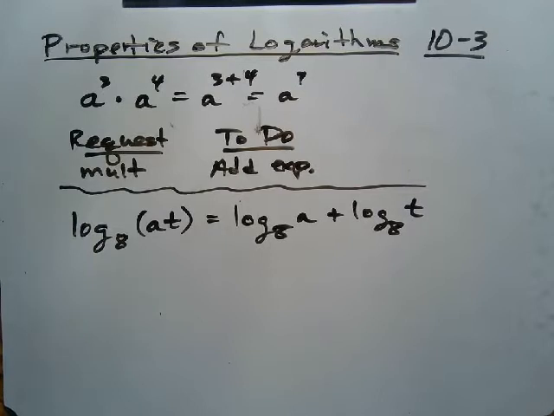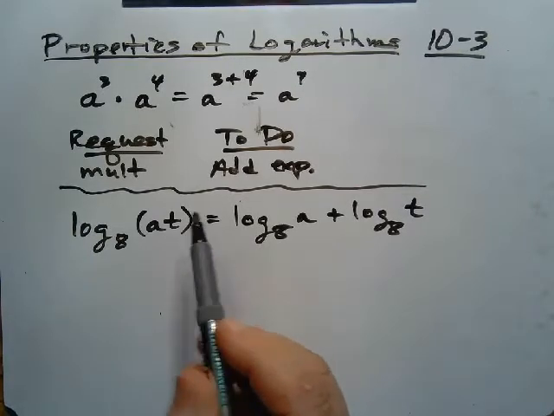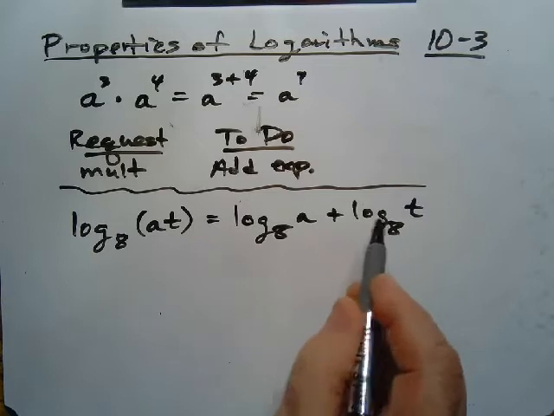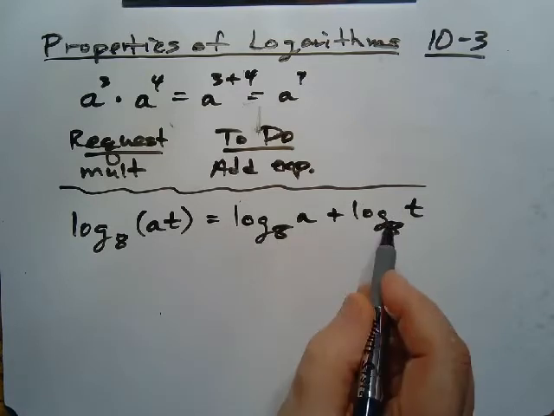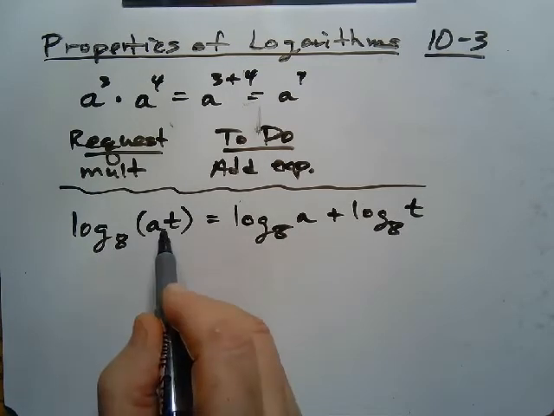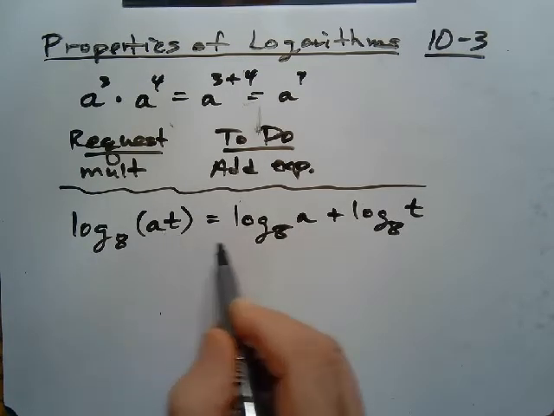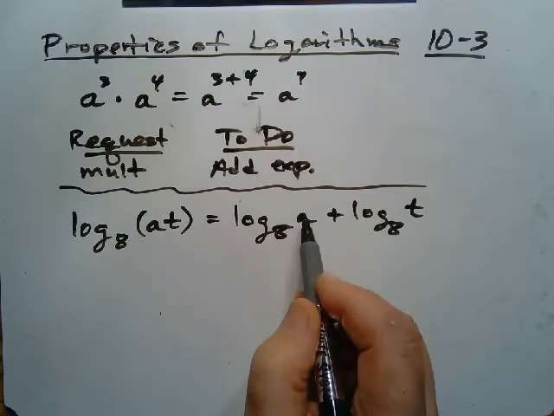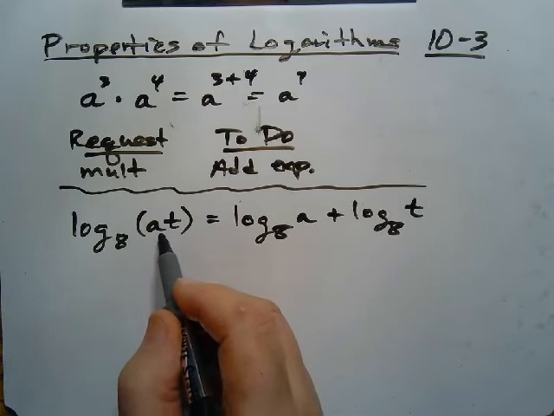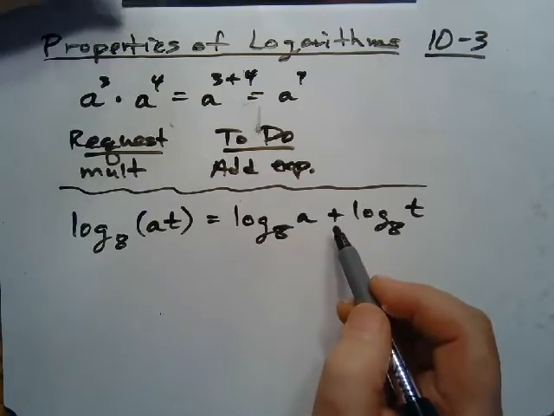This looks a little weird, but if the request was to multiply, notice a times t here, we find ourselves adding the logs together. Now remember, logs are exponents. You're adding exponents here. The log base 8 of this result, at, is equal to the log base 8 of a plus the log base 8 of t. The request is multiply, we find ourselves adding.